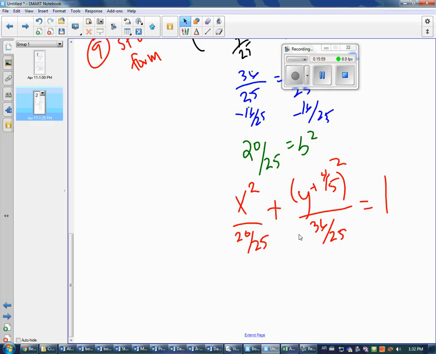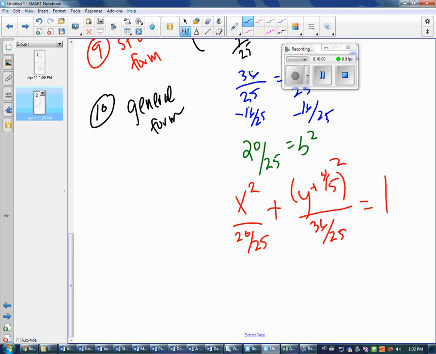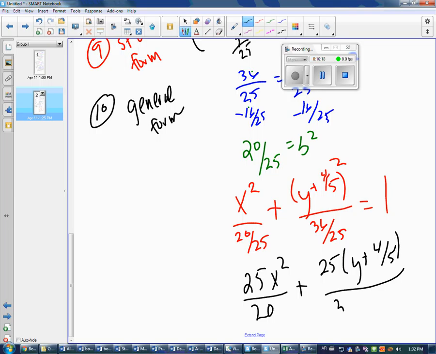Last step is we're going to take it into general form. Remember, general form, no fractions, no parentheses. First thing we're going to do is use reciprocals, so there's only one number in the denominator. Okay, we want to multiply through by the least common multiple of 20 and 36.